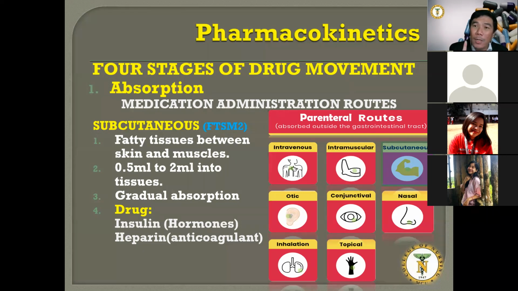If you give it intravenously, it will cause a sudden drop of the blood sugar, which may be risky for the person, because instead of stabilizing the blood sugar, it will contribute to hypoglycemia or hypoglycemic shock, too much lowering of the blood sugar. So remember that insulin must be administered subcutaneously.